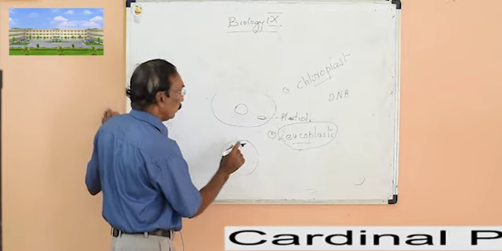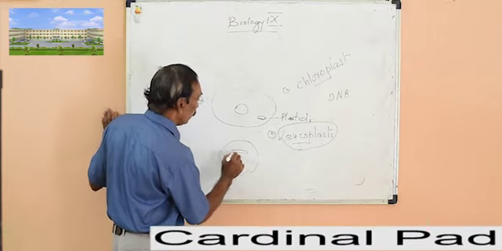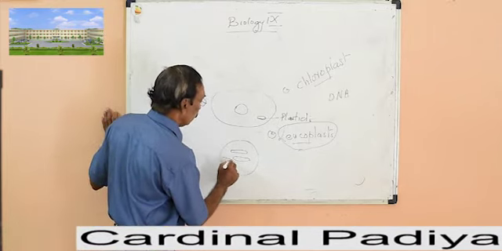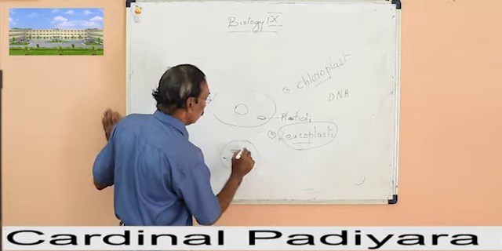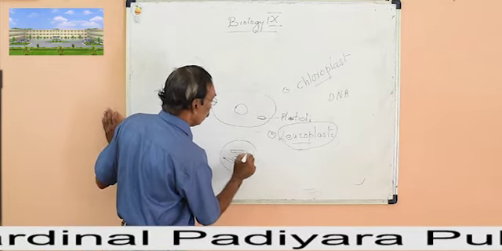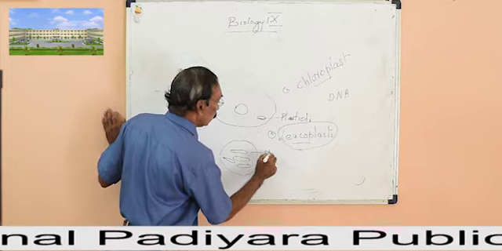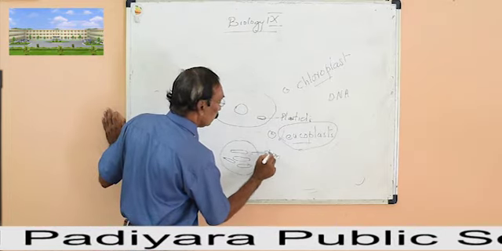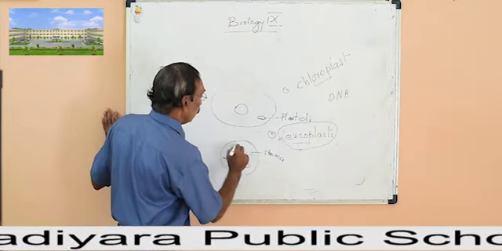If you examine a plastid, it has a membranous covering. In higher classes you will study that there are so many membranous parts inside. This part is called stroma, with so many membranous vesicles.